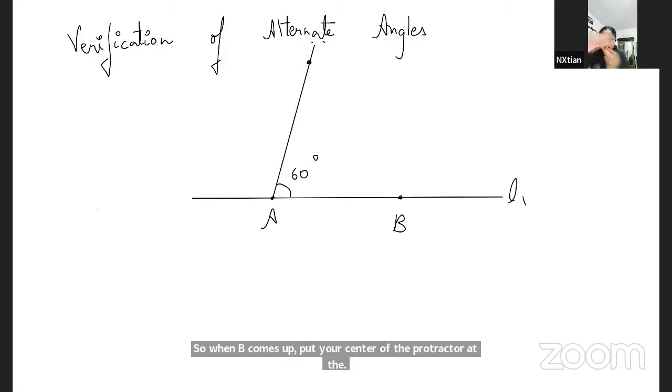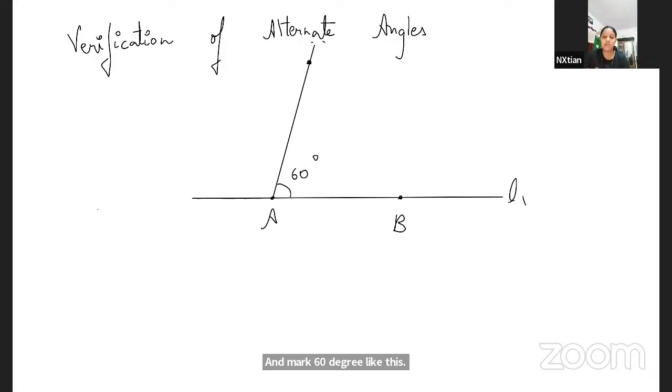Can you show us how to do it once more on the screen? All right. So here, when you placed the protractor, you kept the center here, and here was 60.